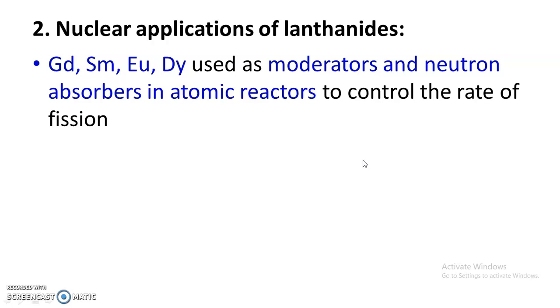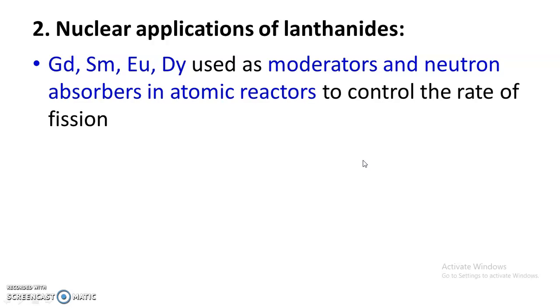Then as soon as nuclear fuel is added, if some rods are taken out, the fission reaction begins. With the removal of more rods, the fission reaction rate will accelerate and increase. And if all the control rods are introduced in the reactor, then the fission reaction will stop.